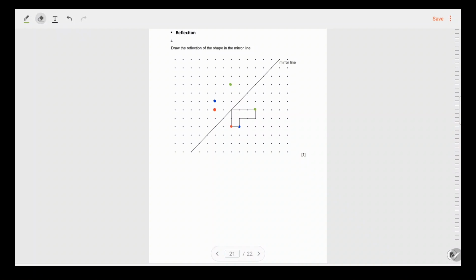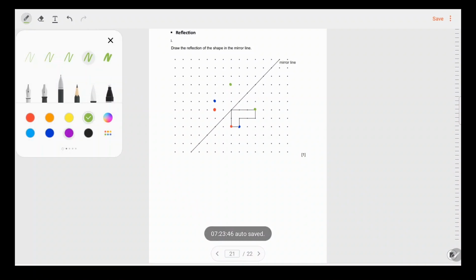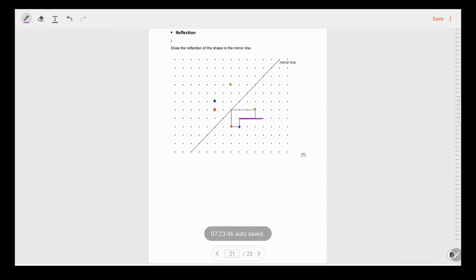Let's do the same thing for this point, which is 1 away from the mirror line. So I'm going to move it 1 away from the mirror line in the other direction.